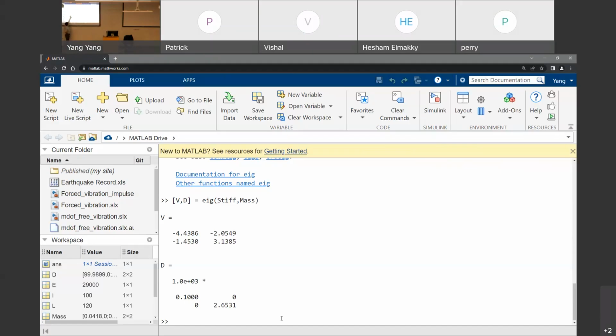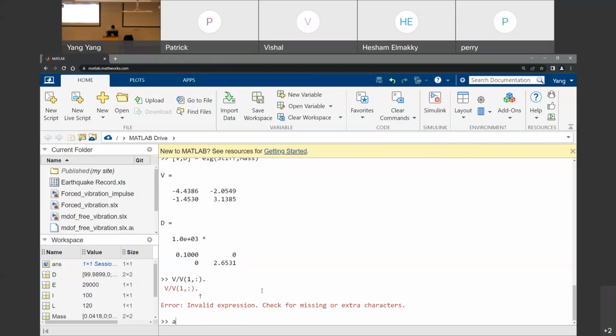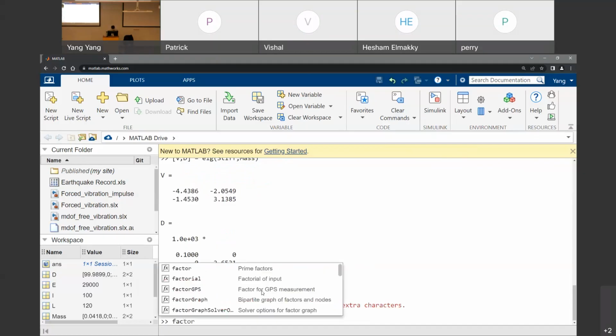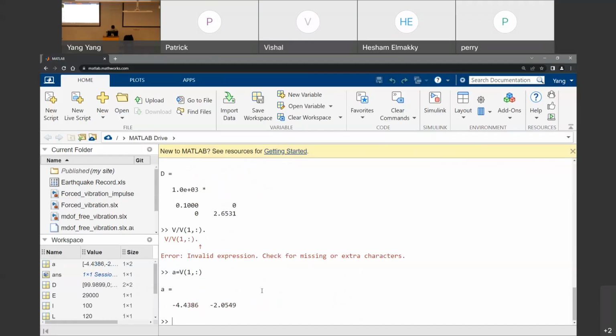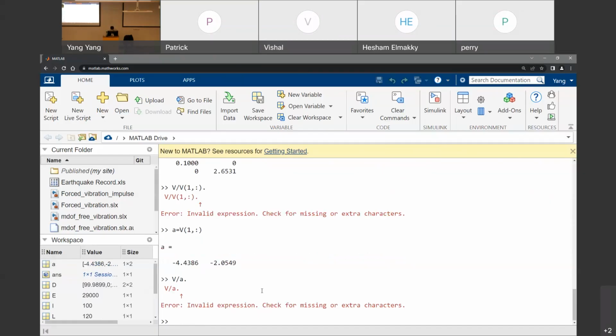If you divide the matrix by the first number, for example, I'm going to divide the vector by the first row.